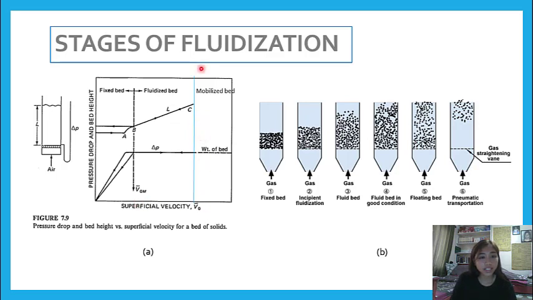During this fluidized bed stage, we can see that our bed height is increasing. And since no resistance occurs, because the force of our fluid balances the weight of our solid, the pressure drop is now constant.